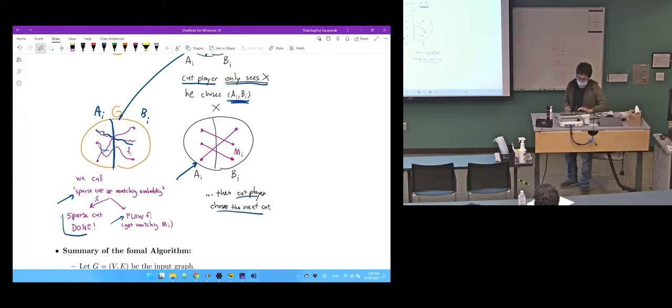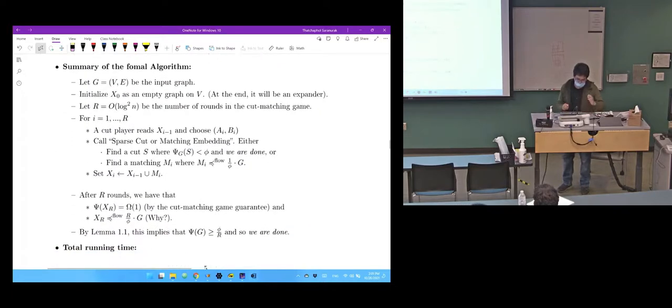So this is what is going on in the picture. The formal algorithm is here. You start with your graph and initialize X0 to be the empty graph with the same set of vertices. And there are log square rounds. In each round, the cut player reads X from the previous round and chooses a cut.